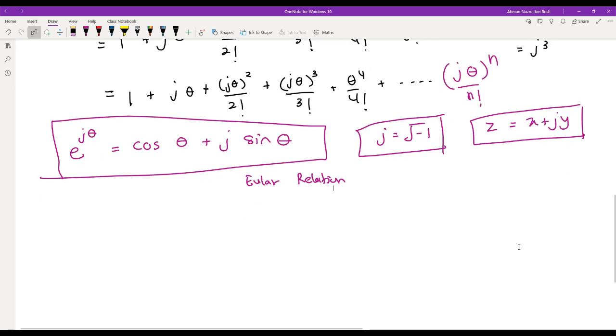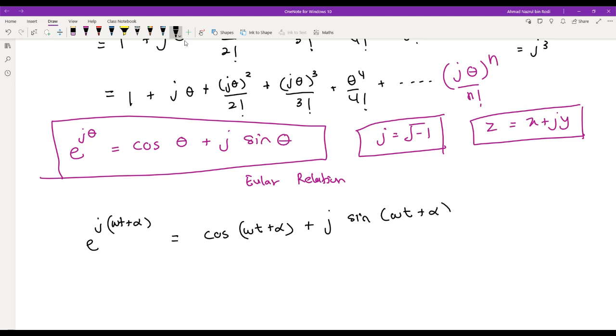Okay, just play around with the Euler equation. If we have exponential j omega t plus alpha, you get cos omega t plus alpha plus j sin omega t plus alpha.